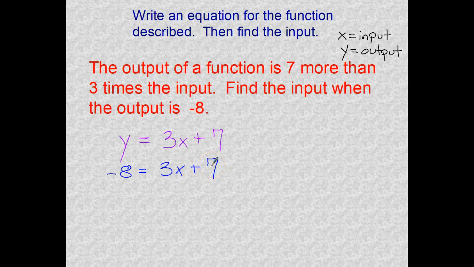And now you just solve it like a 2-step equation. So -8. Let me quickly do that here for you. Draw the wall. All right, what are you going to do? Subtract 7 from both sides.